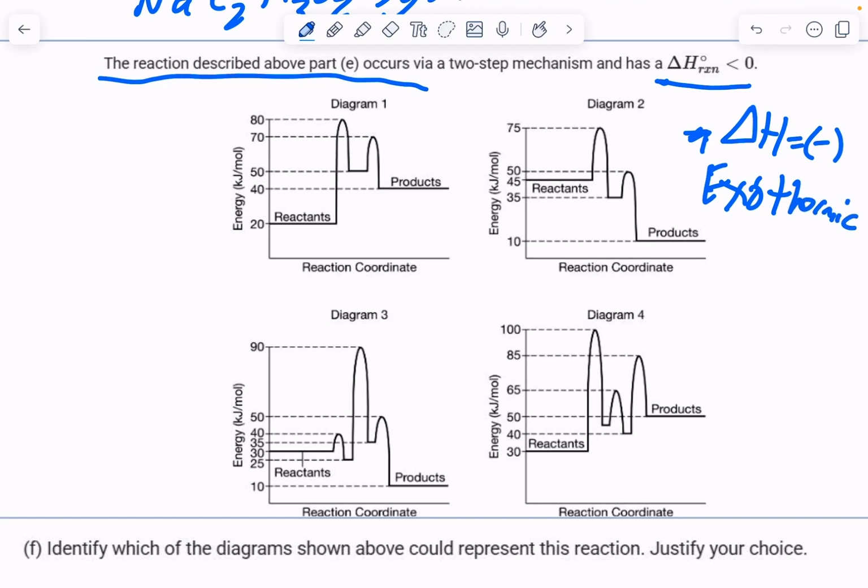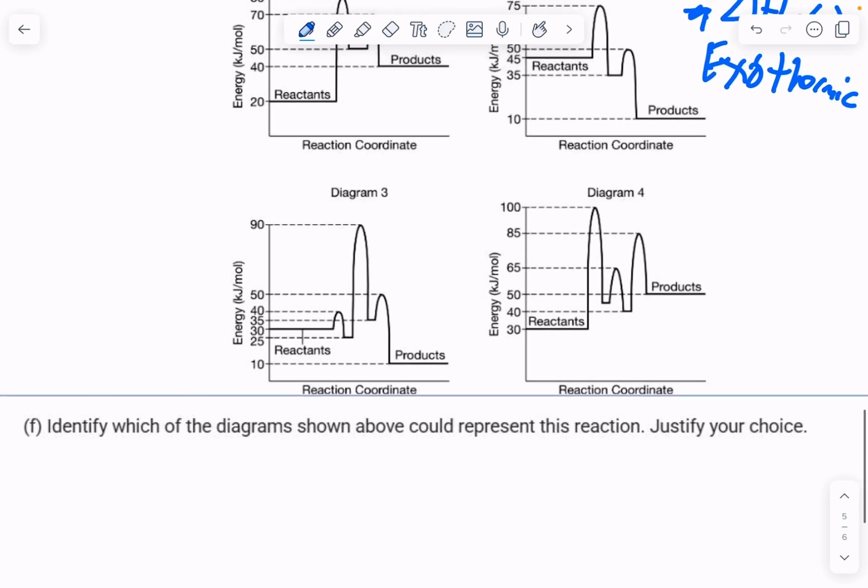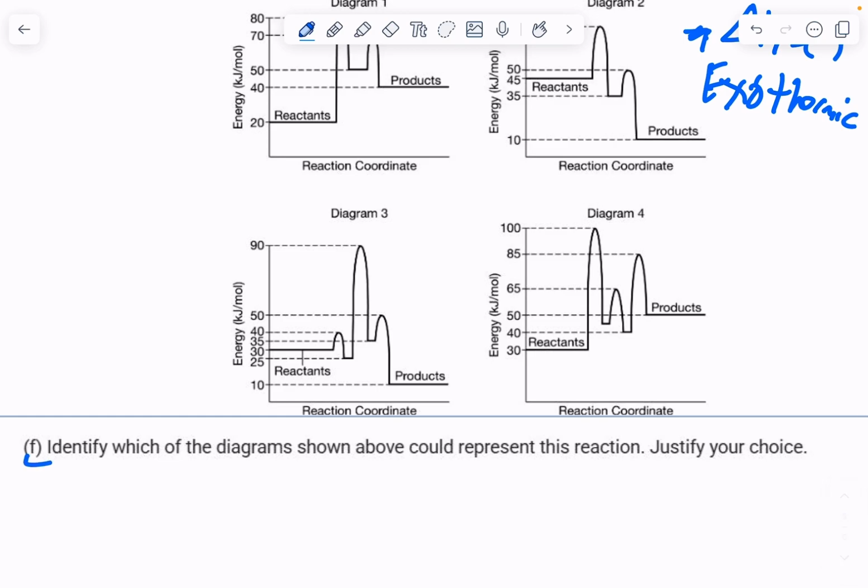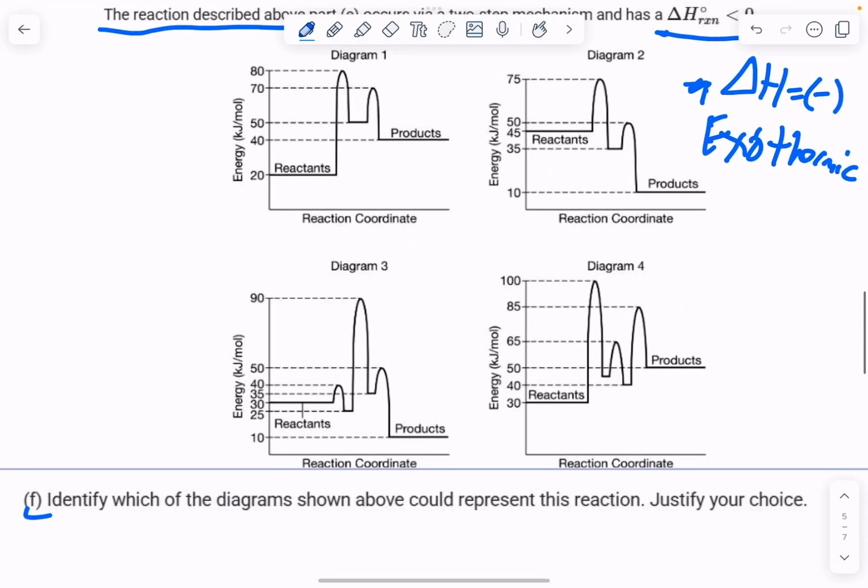I'm jumping ahead. Part F asks us to identify which of the diagrams could represent the reaction and justify our answer choice. We want to select energy diagrams that show an exothermic process.